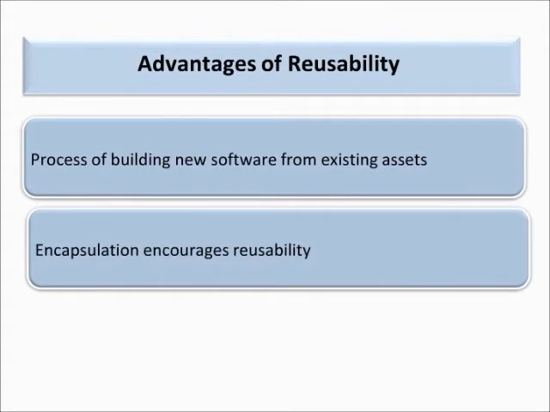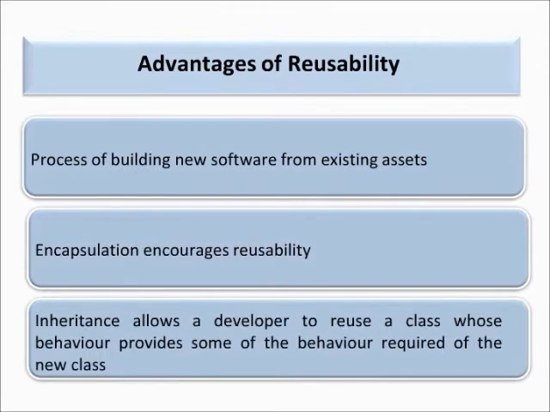Encapsulation encourages better designs that can be reused in a more reliable way, as there is exact knowledge of which operations access which data. It restricts the assumptions made of an object to a well-defined protocol. Inheritance allows a developer to reuse a class whose behavior provides some of the behavior required of the new class, so that only the different parts need to be designed.